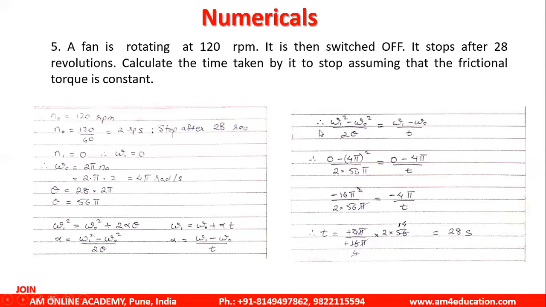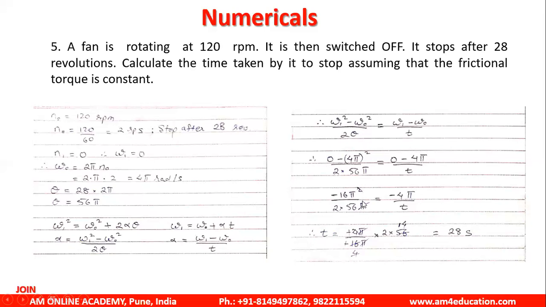The final velocity omega 1, since the fan is stopping, will become 0. So 0 minus the initial angular velocity 4 pi, that is minus 4 pi, whole square, upon 2 into 56 pi, equals again 0 minus 4 pi upon t. Let us calculate this. It becomes 16 pi square upon 2 into 56 pi.